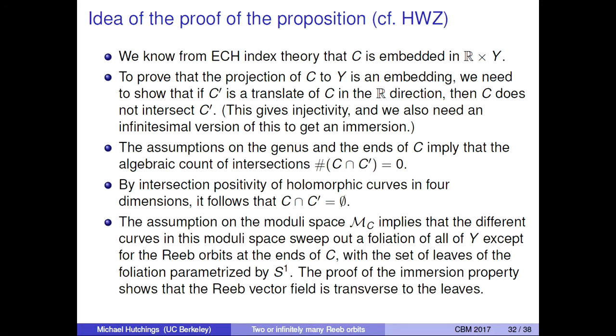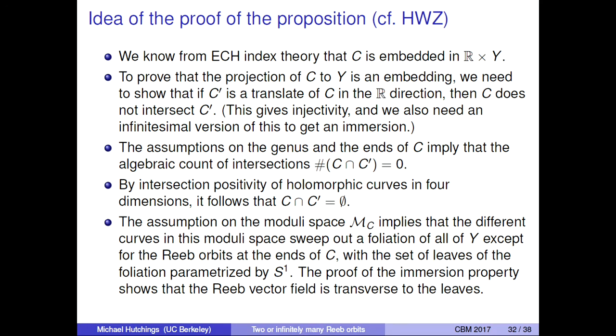First I should tell you what's involved in the proof of the proposition. How do I know this thing is going to give me a genus 0 surface of section? Well, from the theory of ECH, the holomorphic curve is embedded in R cross Y. And I want to prove that it's still embedded after I project it to Y. The main part of that is to show that the projection is injective.